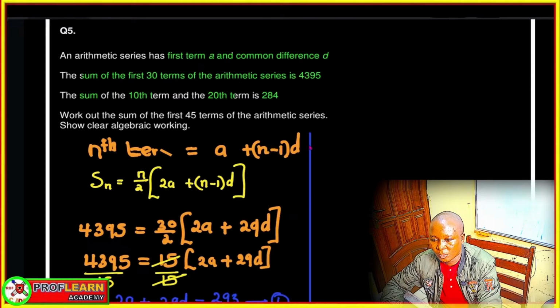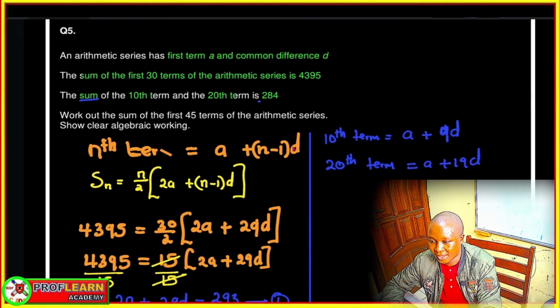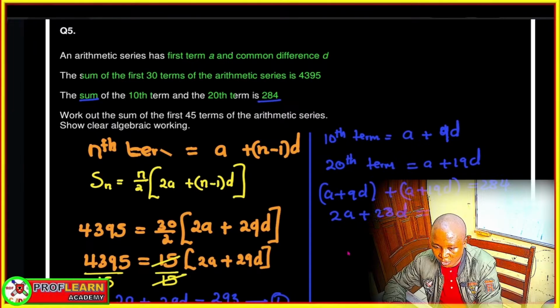The 10th term is a plus 9d, and the 20th term is a plus 19d. So if we add the two, we get the second equation.